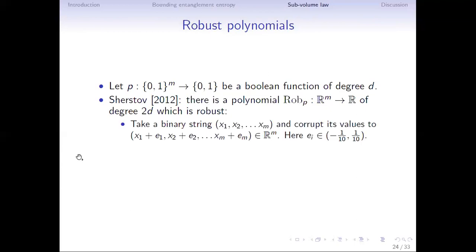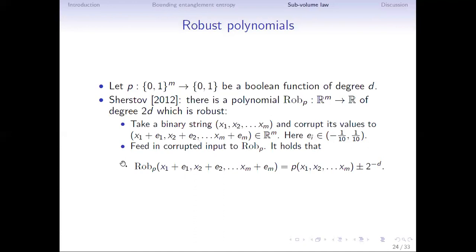What it means is that if I take any binary string x1 to xm and I corrupt the values by any errors e1 all the way to em, where each ei is a constant perturbation between -1 over 10 and 1 over 10, for instance, I feed this corrupted string to the robust polynomial, and it turns out that the robust polynomial stays very close to the original value of the Boolean function, up to an error plus or minus 2 to the power minus d. An important point to notice here is that the higher the degree under consideration, the better the approximation gets.